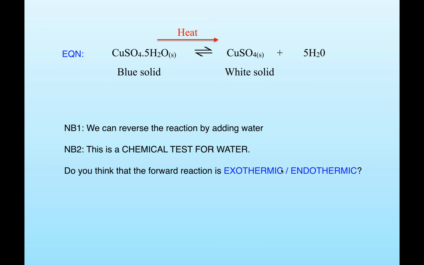Now, this is yin and yang, isn't it? If the forward reaction is an endothermic process, then the reverse reaction must be an exothermic process. It makes sense, doesn't it? If the energy is absorbed in this direction, then the energy will be released in that direction. Think back to your energy level diagrams from the last unit.